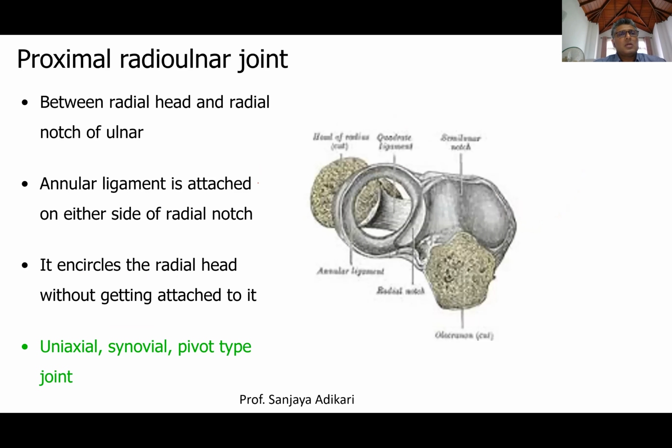Okay, a few things about the proximal radio-ulnar joint. It is between the head of the radius and the radial notch of the ulna. And there is a ligament called the annular ligament holding the head of the radius at the joint.